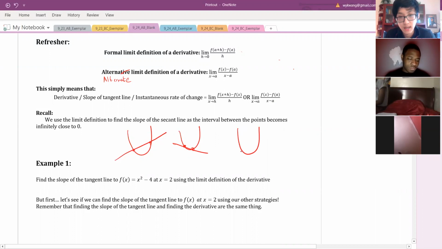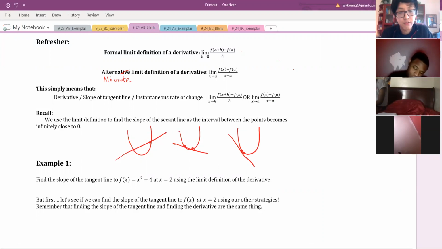And if I do a secant line for even closer points, now this is a really good estimate for the rate of change. It almost starts looking like a tangent line. So that's the idea with these limits: we make the two points so close together that eventually we get the tangent line, and then we get the derivative, because the slope of the tangent line is the derivative.